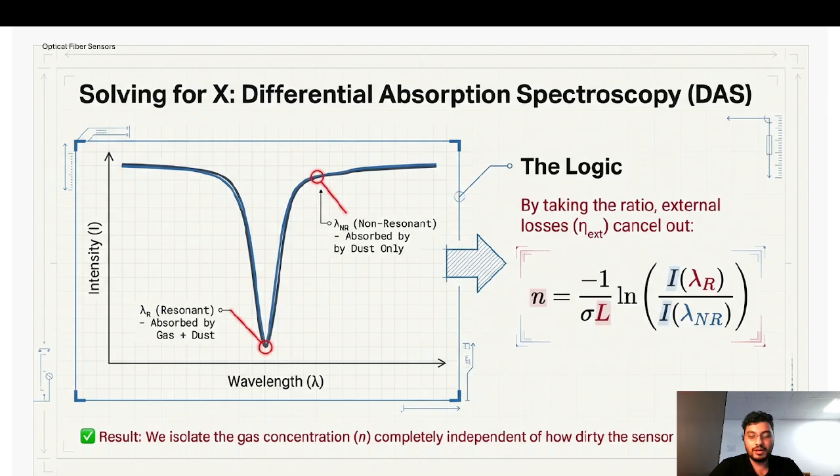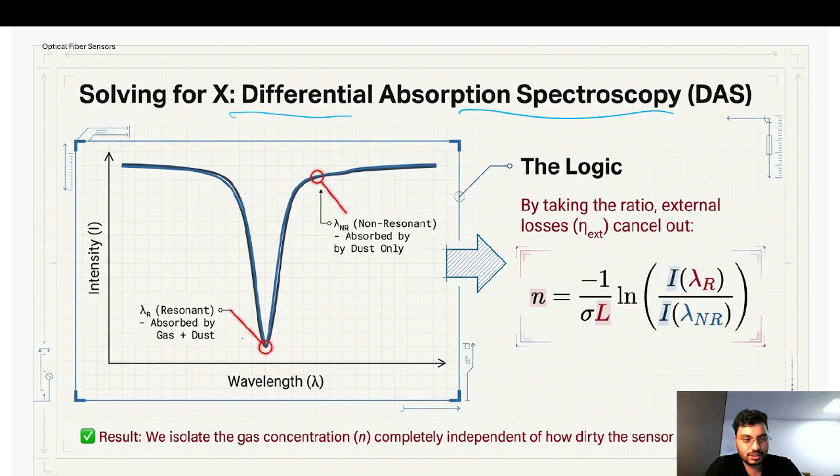Then there are a few things which you need to understand. First is differential absorption spectroscopy, which is called DAS, where we look at the intensity and wavelength when the absorption is happening.